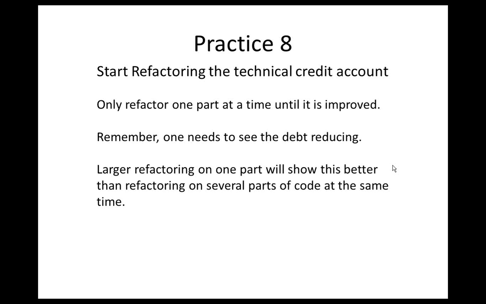But if you ask for a large number of months or years to do that refactoring, probably no one will accept it. So start refactoring the technical debt account, meaning wherever there is more debt and it requires a small effort, and where you can show the debt reducing, in terms of the application being improved and taking less time to manage new changes.